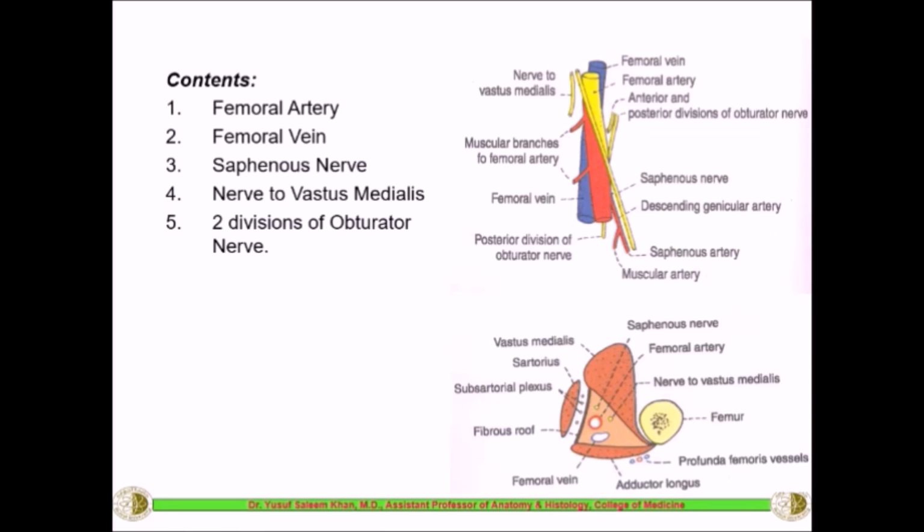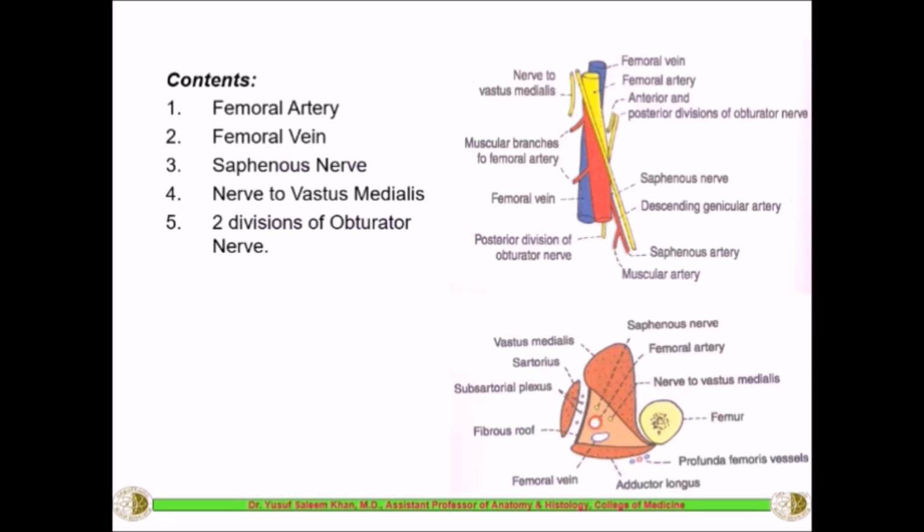So the femoral artery will be conveying from the femoral triangle into the popliteal fossa, and the femoral vein will be coming from the popliteal fossa as the popliteal vein, entering the adductor canal and continuing as the femoral vein into the femoral triangle.